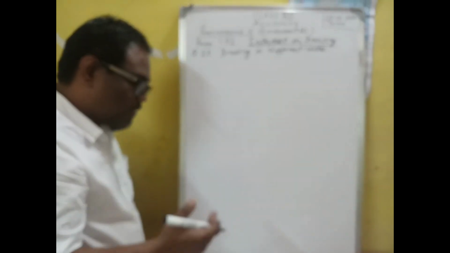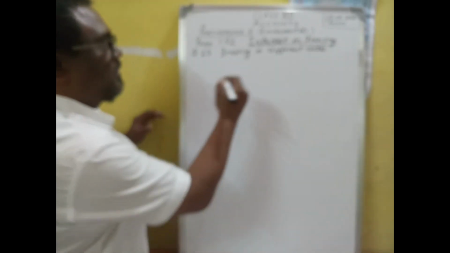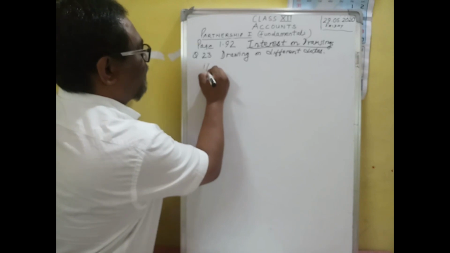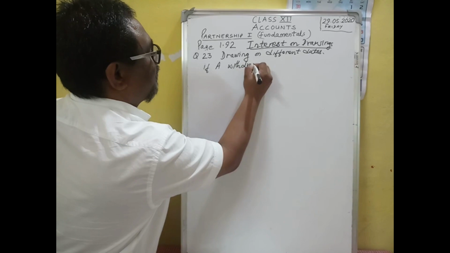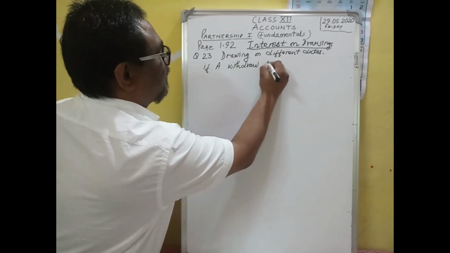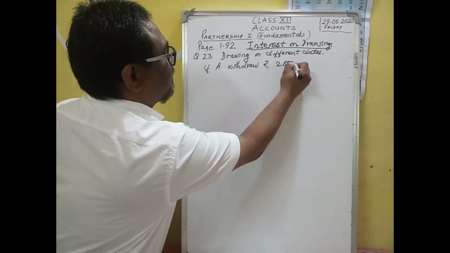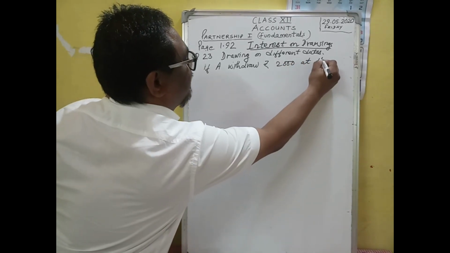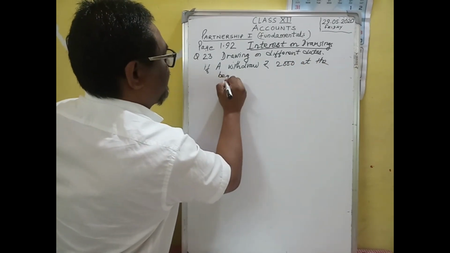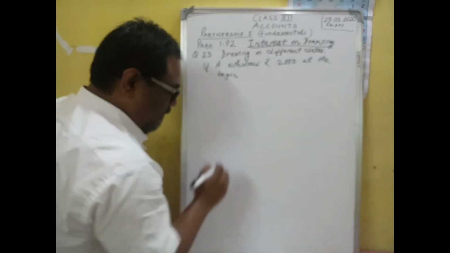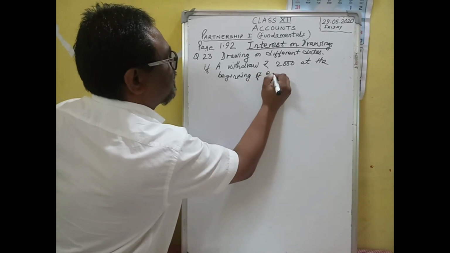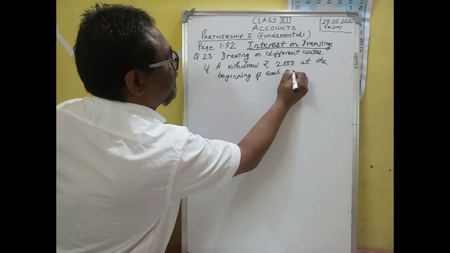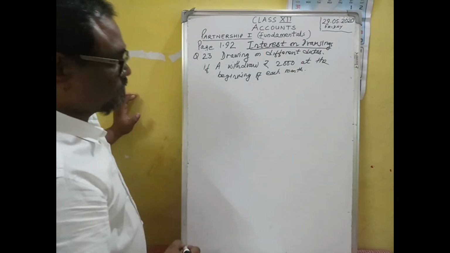If A withdraws rupees 2,000 at the beginning of each month.